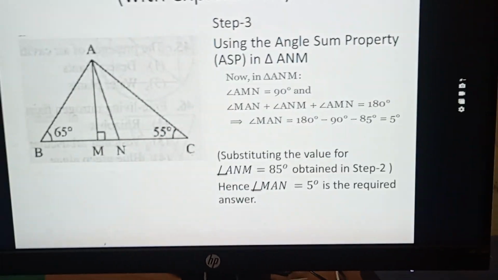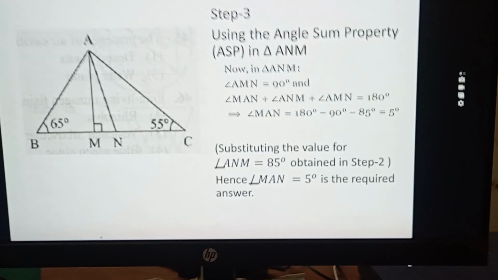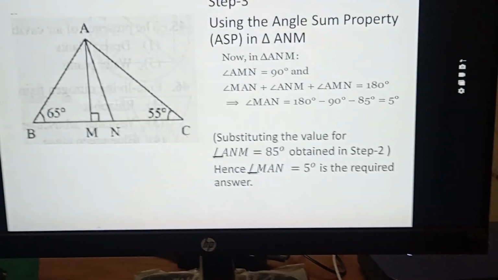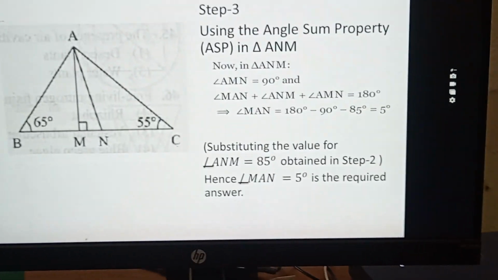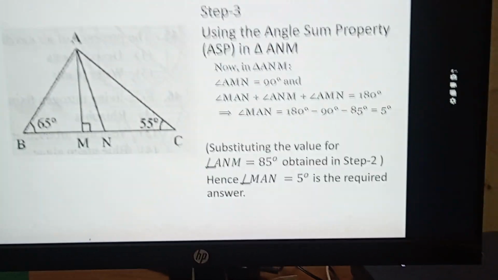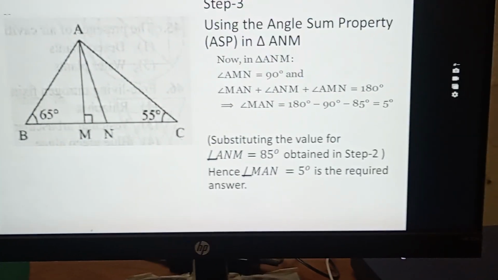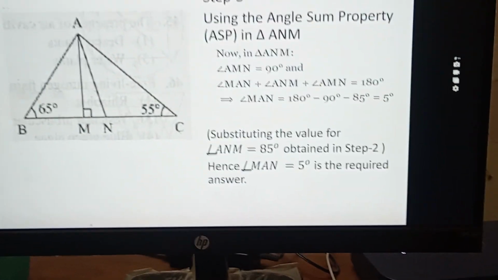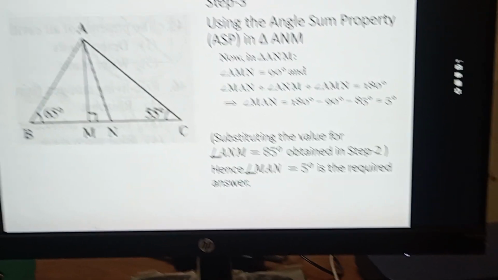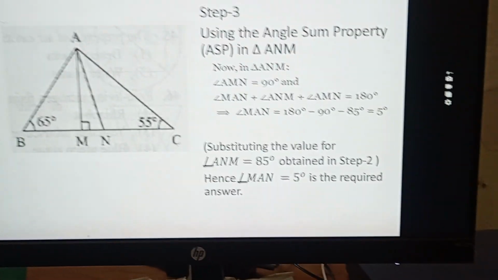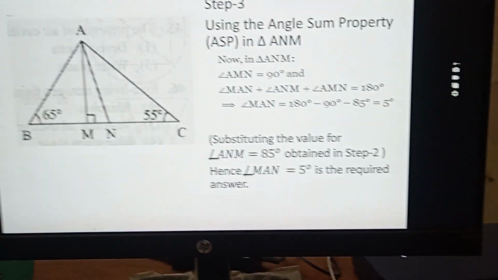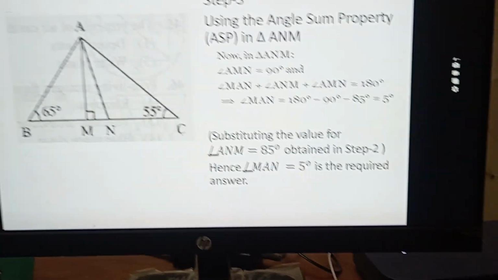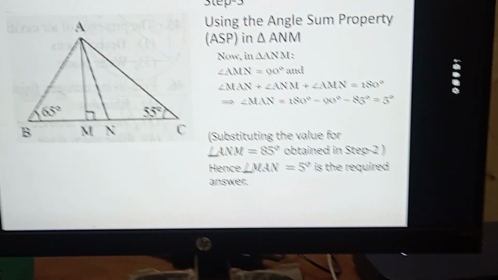Now we retain angle MAN on the left hand side and bring all the other terms to the right hand side, and we have angle MAN is equal to 180 degrees minus angle AMN, which is 90 degrees, so minus 90, minus again angle ANM, which in step 2 we have found as 85 degrees. So we directly get 180 minus 90 minus 85 degrees, which is equal to 5 degrees.